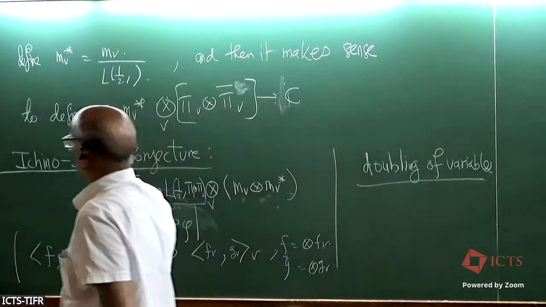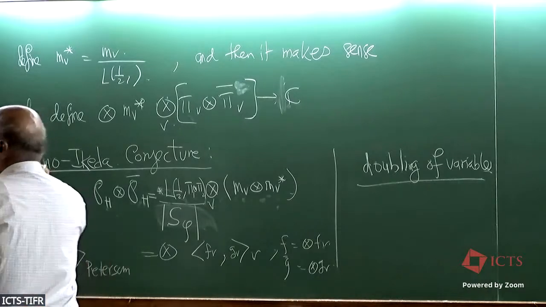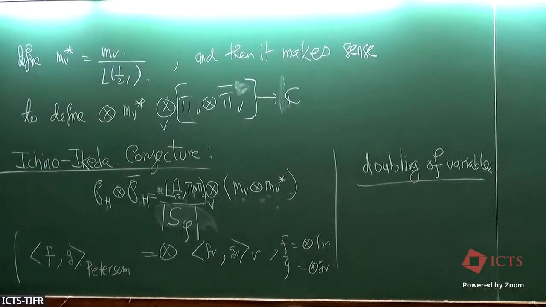Anyway, this is the formalism of Ichino and Ikeda, and the formalism depends on multiplicity one theorems all along. We are comparing two invariant forms, one coming from the global period integral, the other coming from the tensor product of local period integrals.